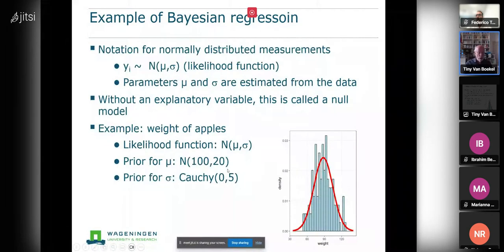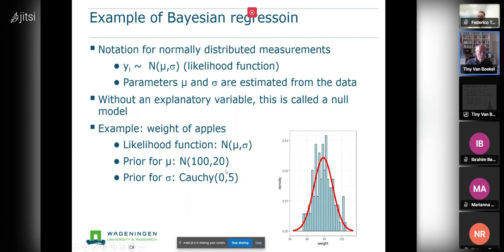This means that we are prepared to accept that the mean may be quite different from 100, but we have to specify something. For the standard deviation, I gave a Cauchy distribution, which is a distribution that has very wide tails. I give it a value here that gives quite a wide distribution, but that's not so critical.